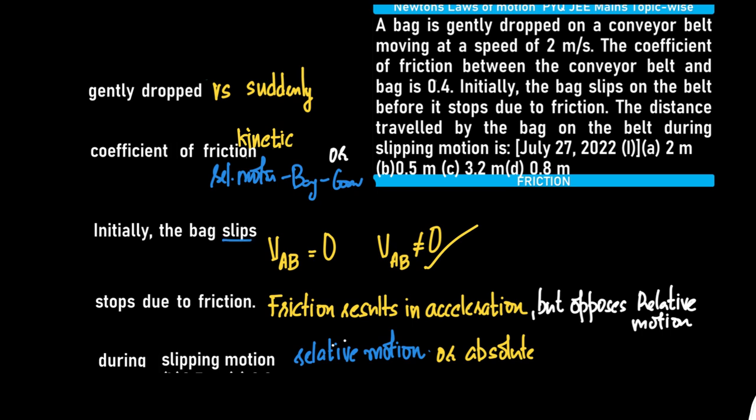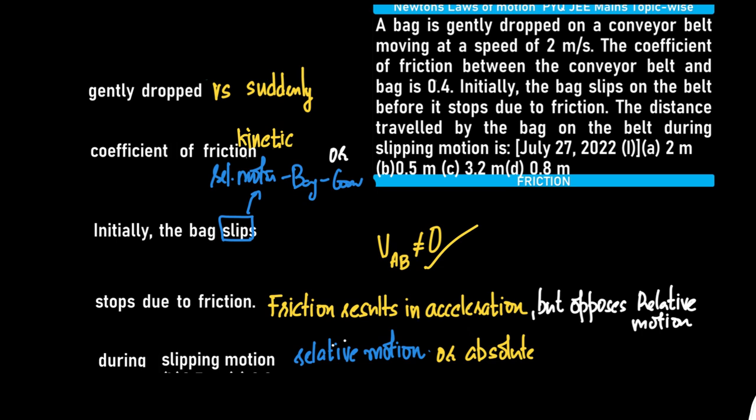So slipping condition means that there is some amount of relative motion, and the relative velocity is not equal to 0, and therefore the bag slips. Now, it stops slipping due to friction. Something very interesting here is that this is one peculiar example where friction actually results in acceleration of the body.